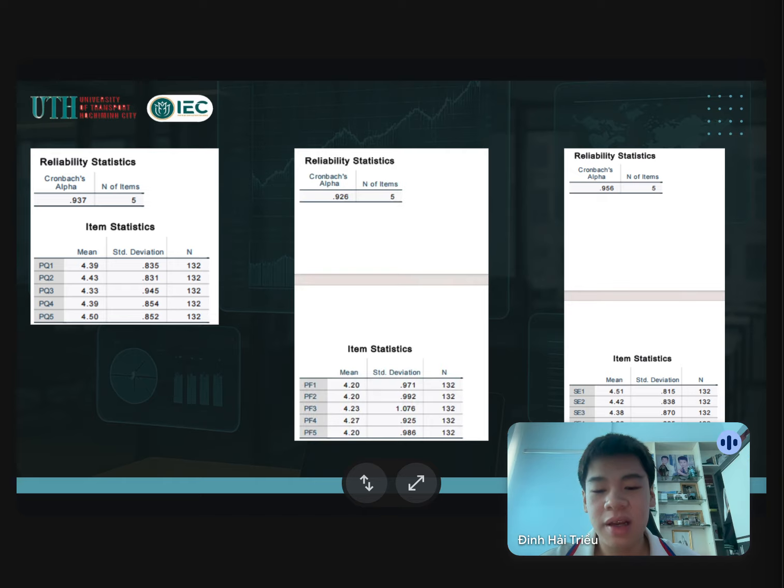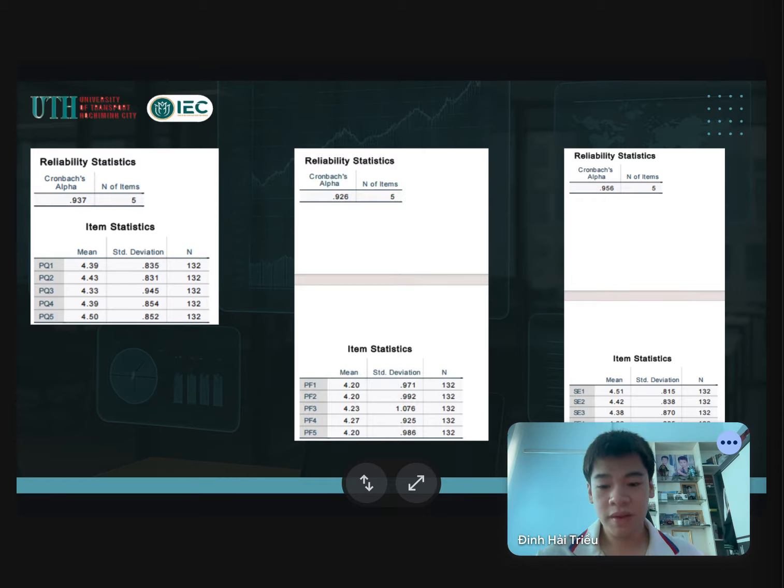After understanding the overall characteristics of the data, the next step is to evaluate the reliability of each measurement scale. For this purpose, we use Cronbach's alpha. Cronbach's alpha measures the internal consistency of items within the same construct.